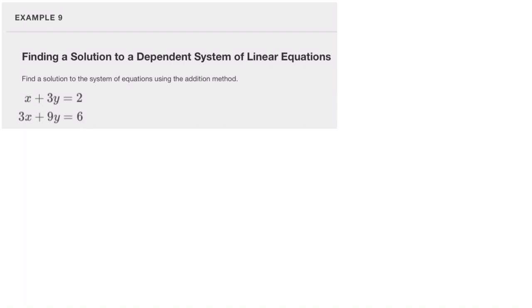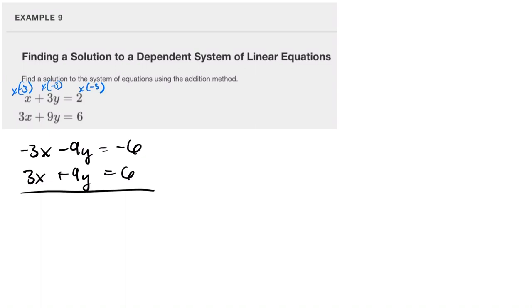I'm going to multiply that first equation by -3. Then we'll get -3x minus 9y equals -6. And the second equation stays as is.